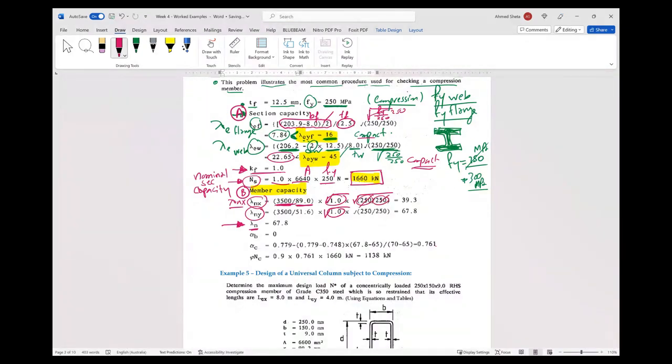So we get lambda nx equal to 39.3 and lambda ny equal to 67.8. So from this we got lambda n equal to 67.8. So if we go back to the other module file, sorry.